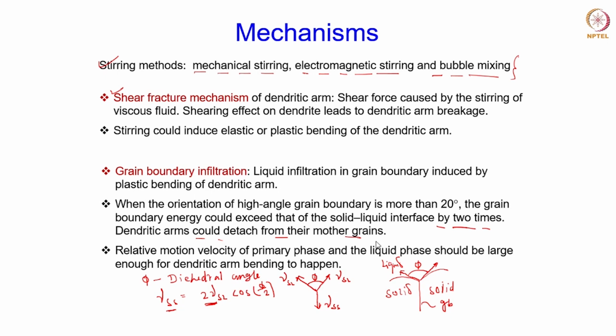This again produces more dendrites or grains and leads to grain multiplication, and as a result the grain size will be refined when the melt is solidified. But for this plastic bending to occur, we have seen that the relative motion velocity of the primary phase and the liquid phase should be large, and that is why the melt has to be agitated vigorously by one of these means.